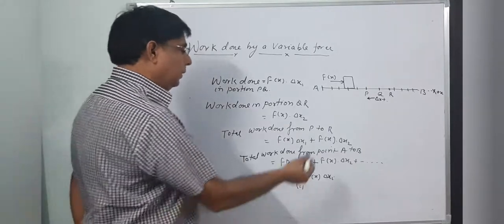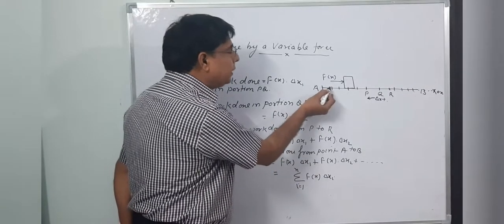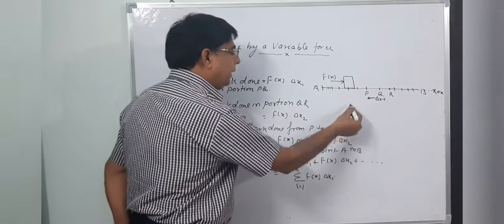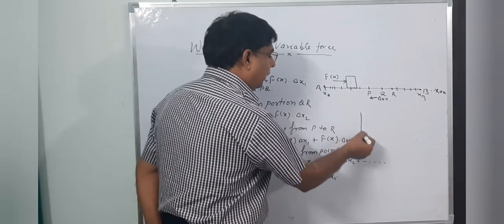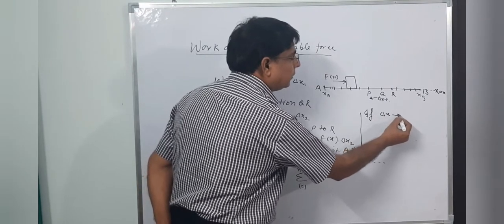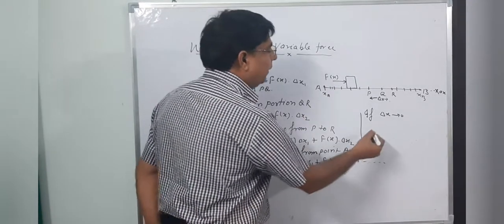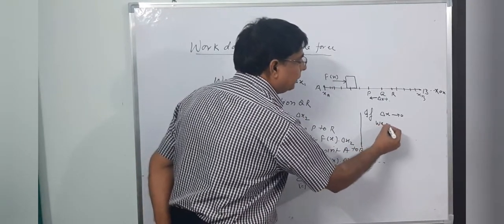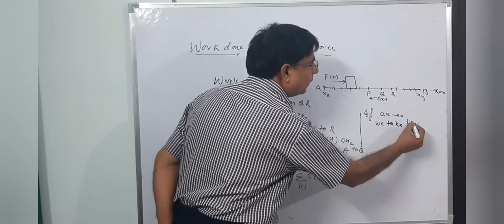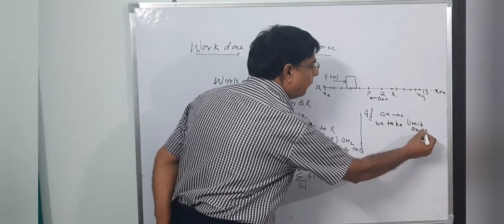Now if we divide these portions very small, meaning delta x tends to 0, then we take the limit as delta x tends to 0.